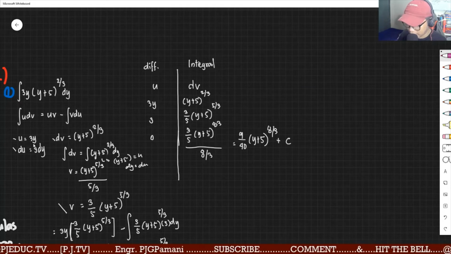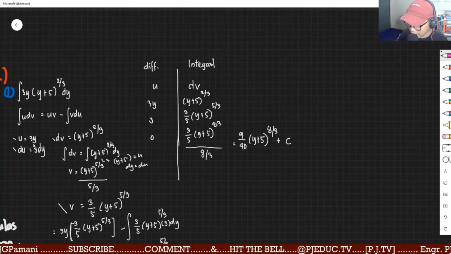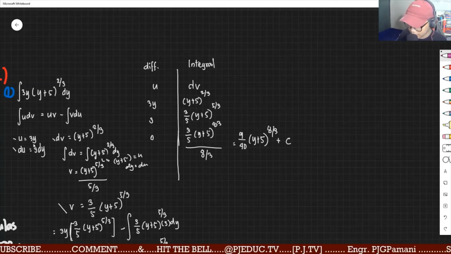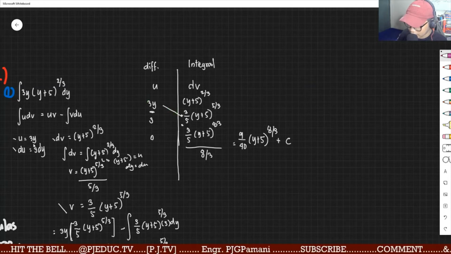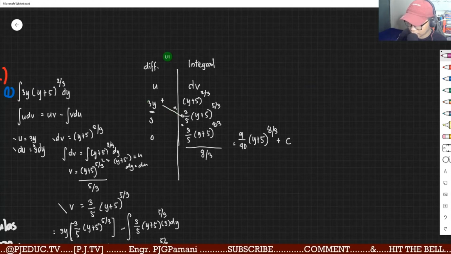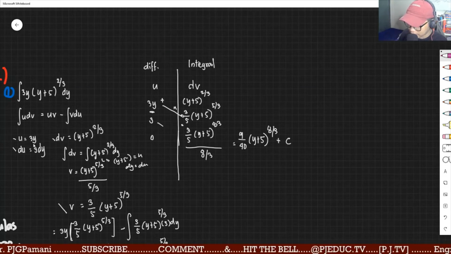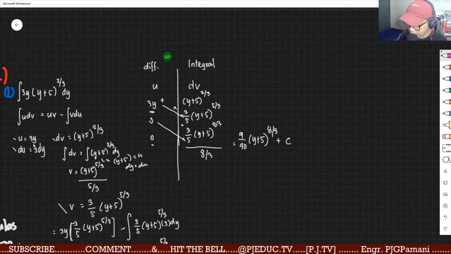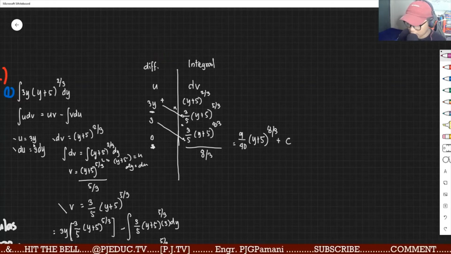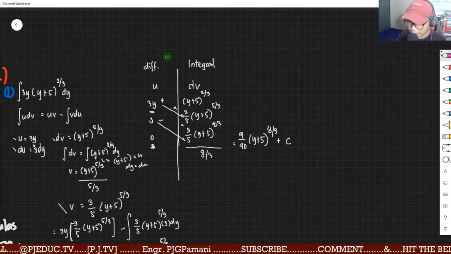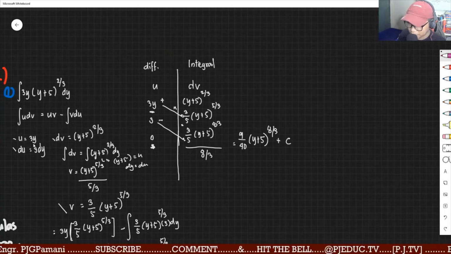So, line them up diagonally. Now, multiply the first term, this one, to the second term of dv. Multiply, that is supposed to be positive. Then multiply the second term to the last term at which function u ended up equal to 0. Then subtract it from the first term.